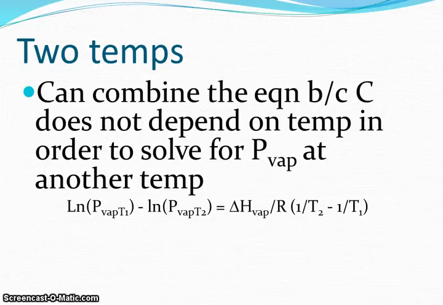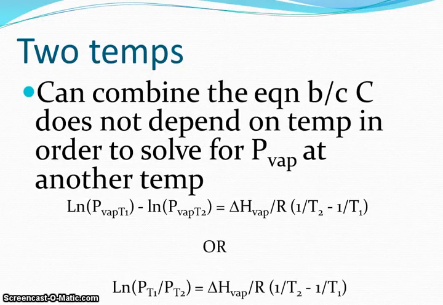And if you know anything about natural log functions, we can manipulate this equation just a little bit more. And we could say the natural log of our initial vapor pressure divided by our final vapor pressure is equal to the enthalpy of vaporization divided by our gas law constant times the inverse temperature 2 minus the inverse temperature 1. We plug in the values we know, and we can solve for the value we don't know.